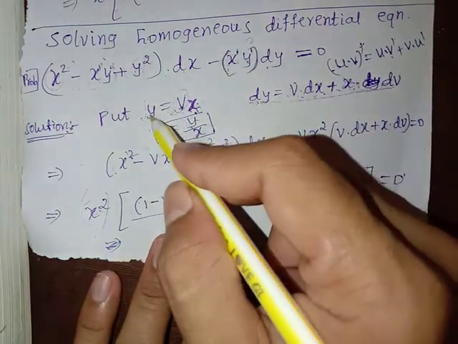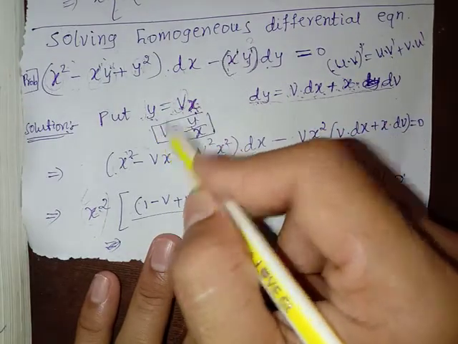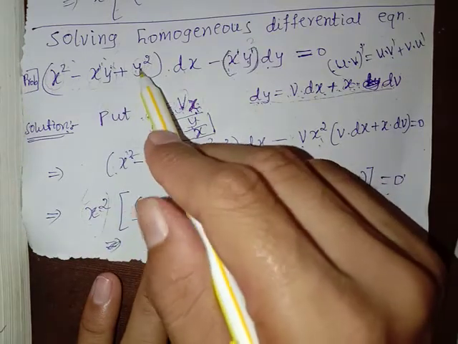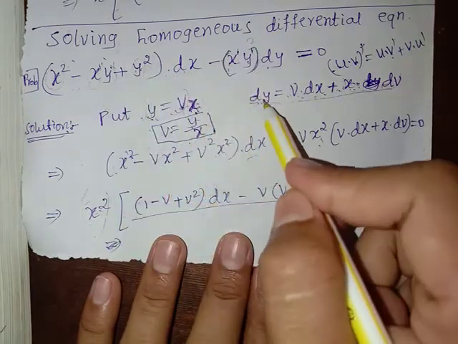Then if y is equal to vx, what is v? v is equal to y by x. Now first we have to put vx in the place of y and v dx plus x dv in the place of dy.